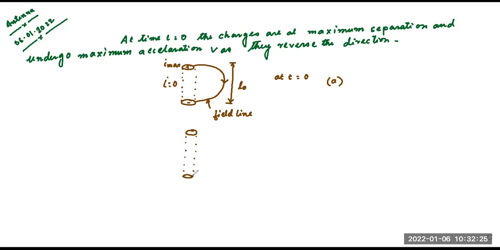This is the coil and these are the charges, moving towards each other. This is the positive charge, this is the negative charge.